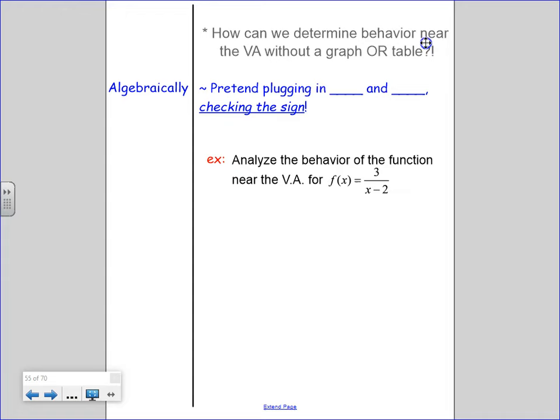Pretend plugging in from the left and from the right.